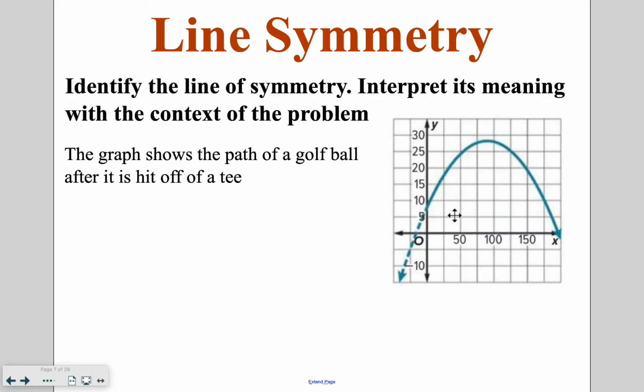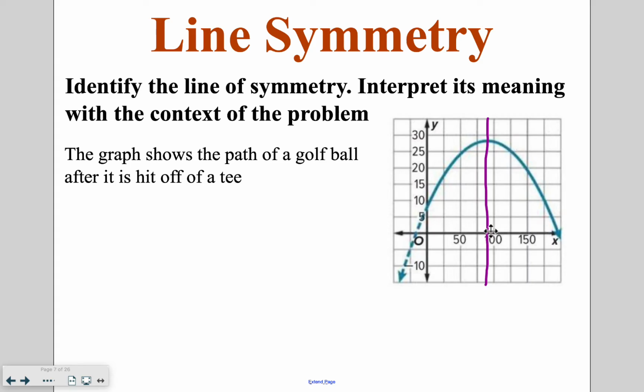Our next piece is going to be to find lines of symmetry and interpret them within the context of a problem. So this particular graph shows the path of a golf ball after it is hit off the tee. So we are looking for the point where this graph gets cut in half, and it looks like it is about right here. Because I cannot see exactly, based on the labels here, we're counting by 25s.